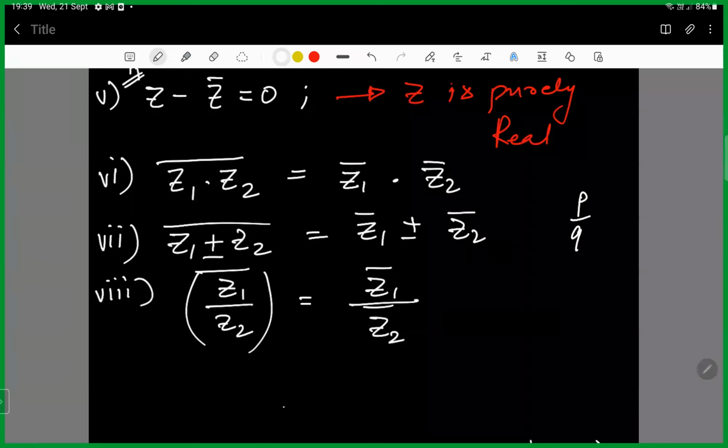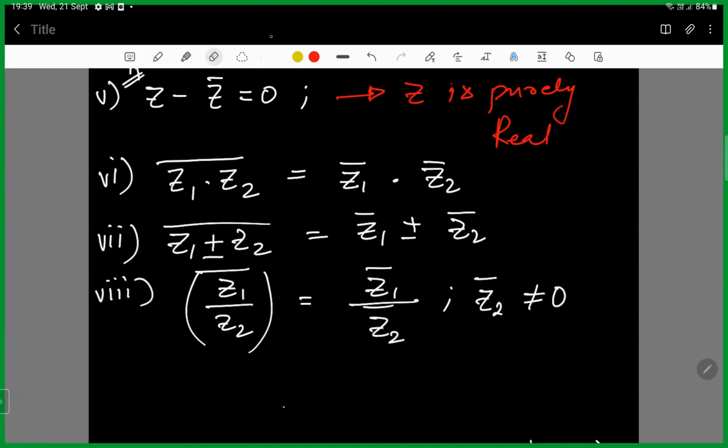This is what? P by Q is what? What is P by Q? Rational number, right? Given Q should not be equal to 0. Here, Z2 conjugate should not be equal to 0. Write down. Good.